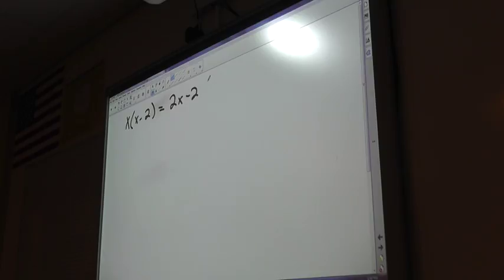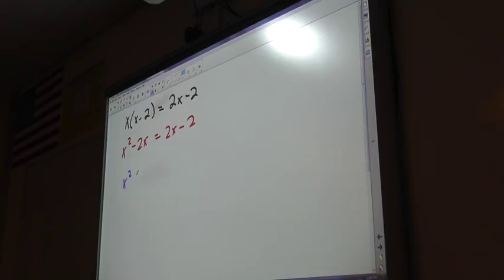This question should take about 10 seconds to solve, because it's a very special question. Let's see what's special about it. X squared minus 2x equals 2x minus 2.